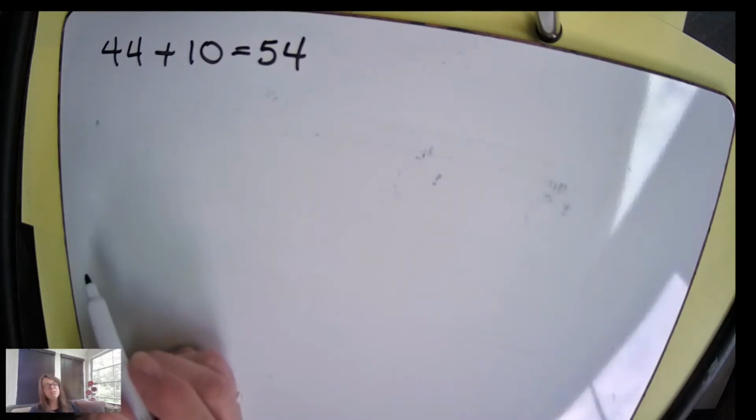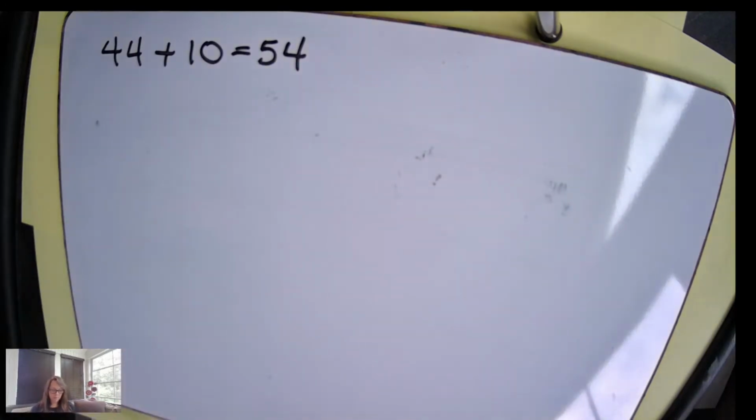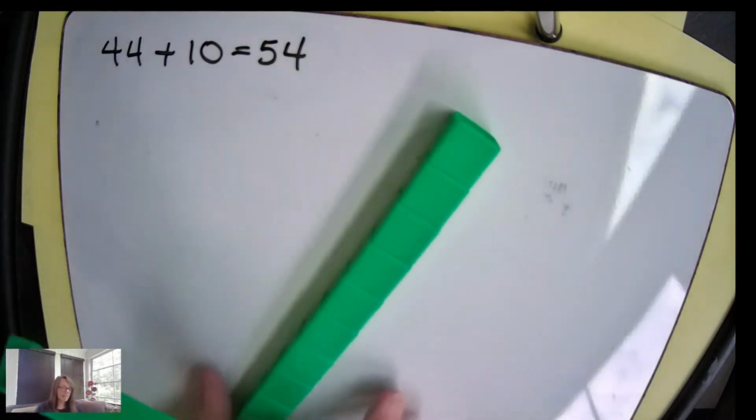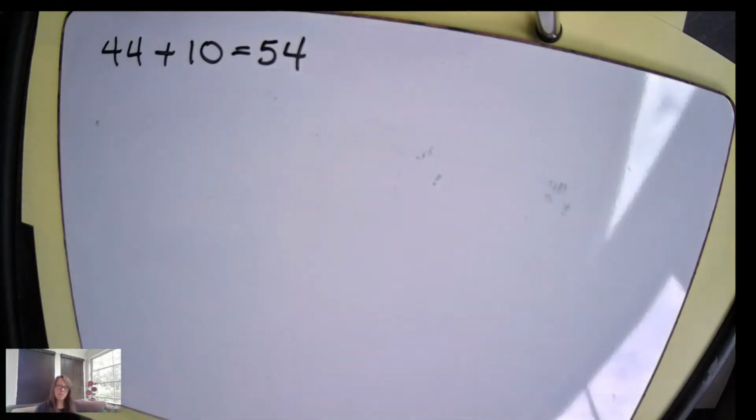Madison, can you tell us how you were thinking about this problem? Okay, Madison was thinking about this problem using cubes. Tell us, Madison, how did you use the cubes?